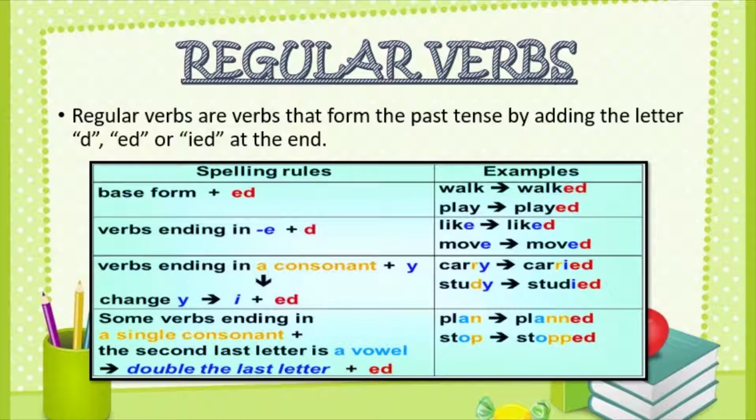And then before the consonant, there is A, the blue one. You see? A is a vowel. N is consonant. So before the consonant, there is a vowel. So you have to double the N. So it becomes planned. And then stop becomes stopped.